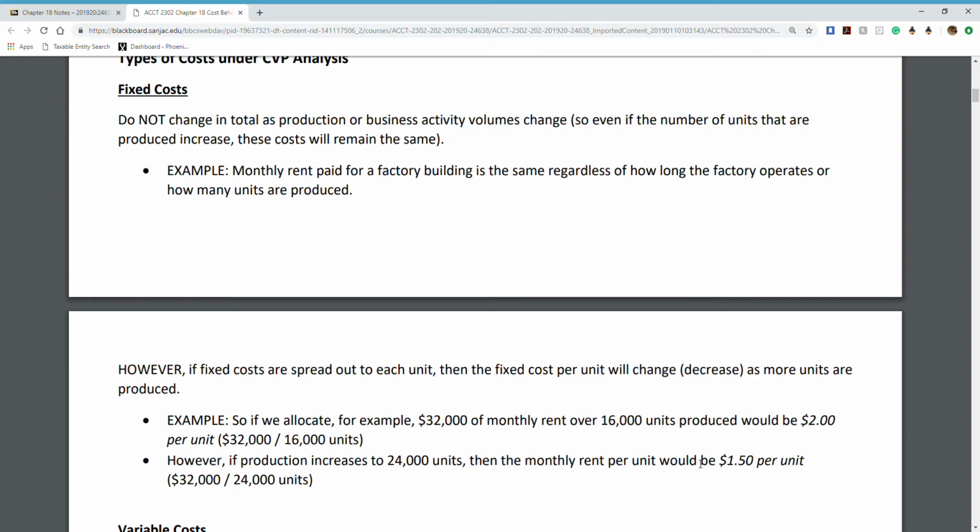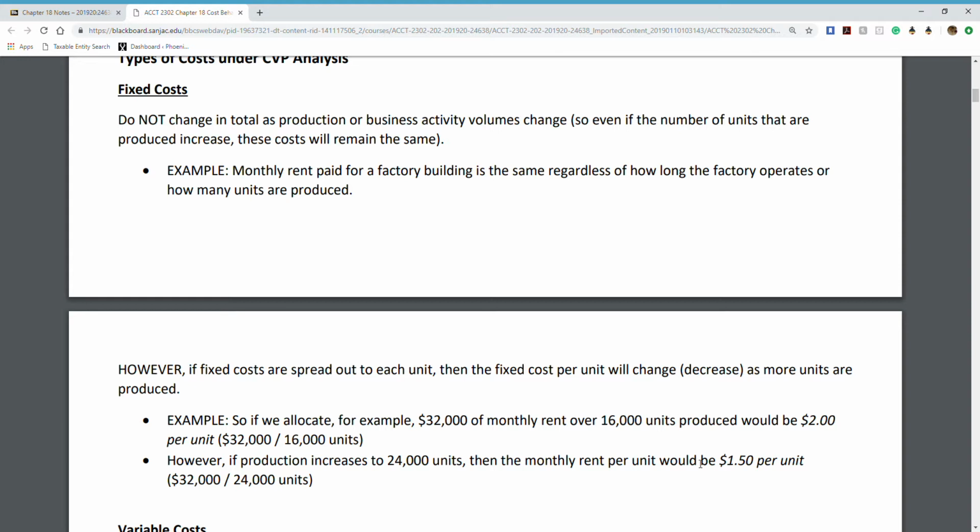Types of costs under CVP analysis again brings out the fixed cost. In previous chapters we brought up fixed costs, and basically it's known not to change in total as production changes. The strange thing is that when we spread it across units and look at it per unit, the fixed cost will change.